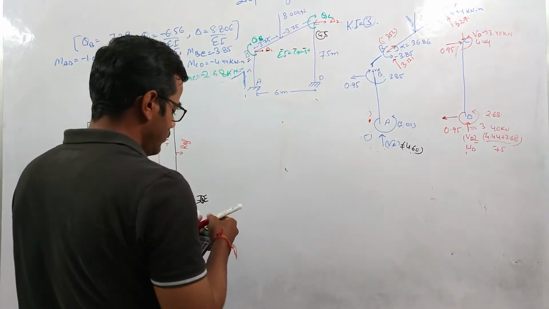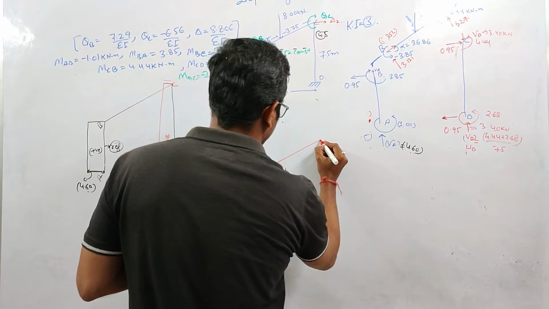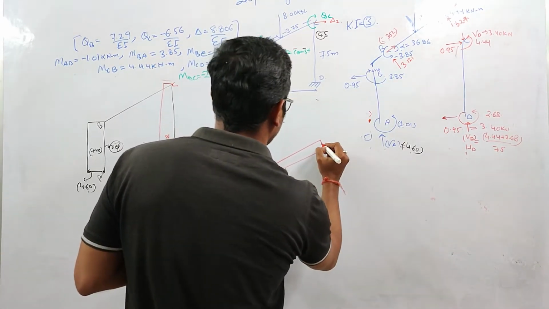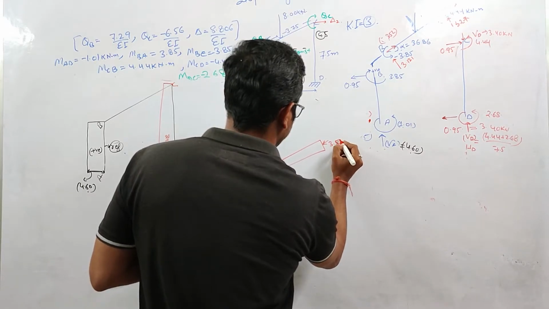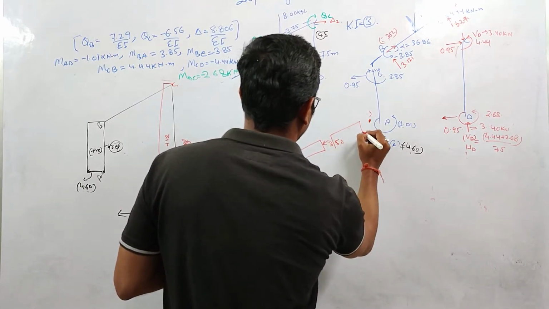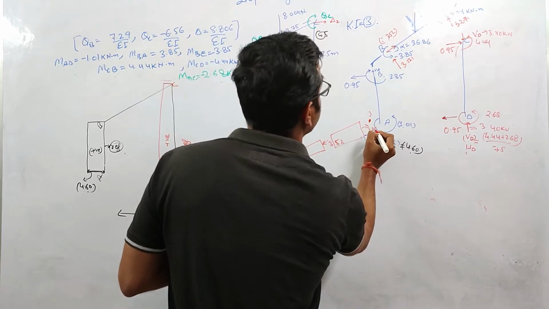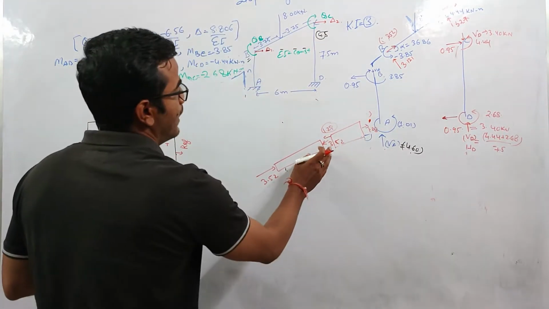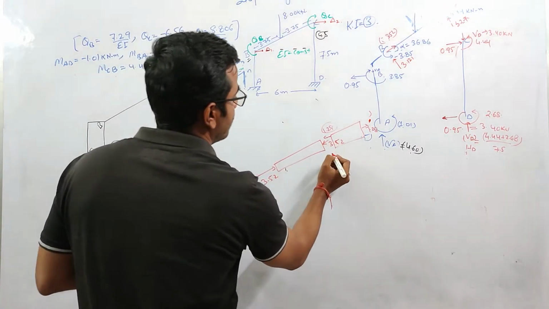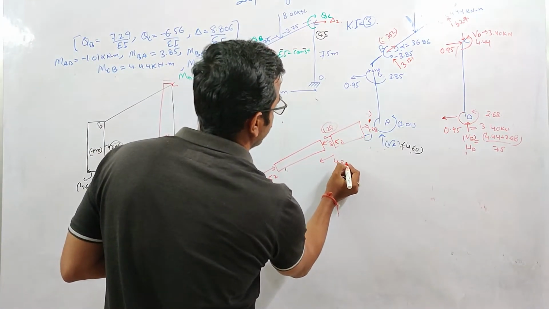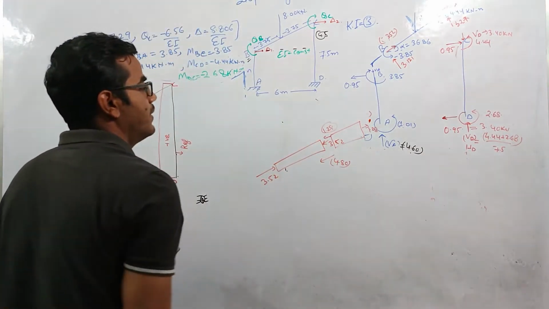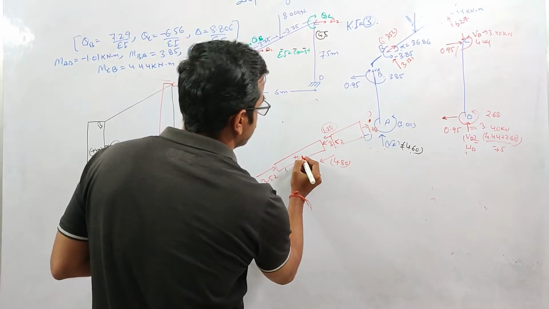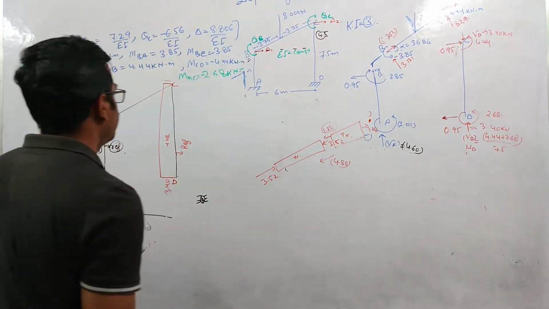If you look like this, one part is 3.52 and the other part is 1.28, and here 1.28, and if you add both these two values, it will give you the net force 4.80, which is acting at this point. So this portion you can see is in compression and this is in tension, right?